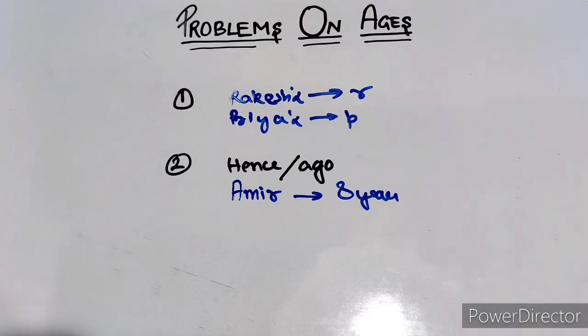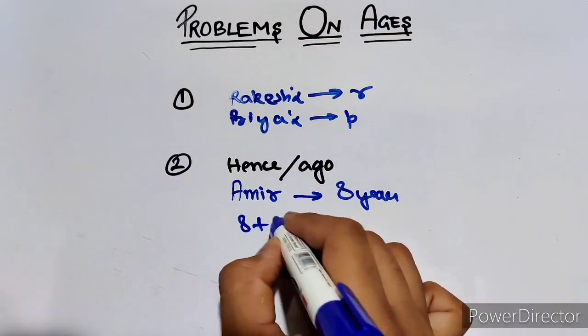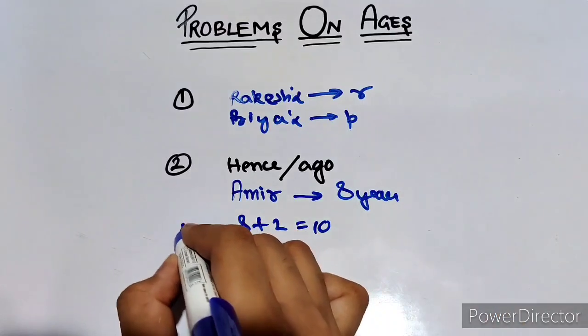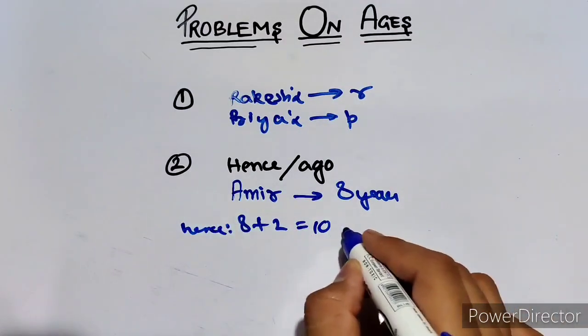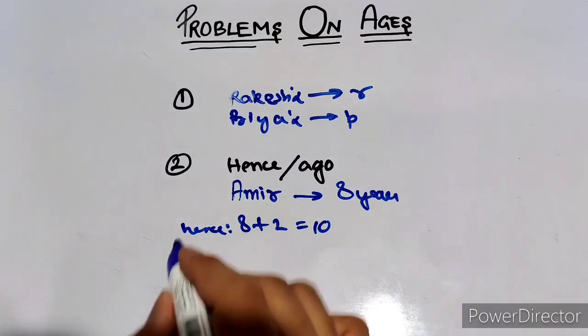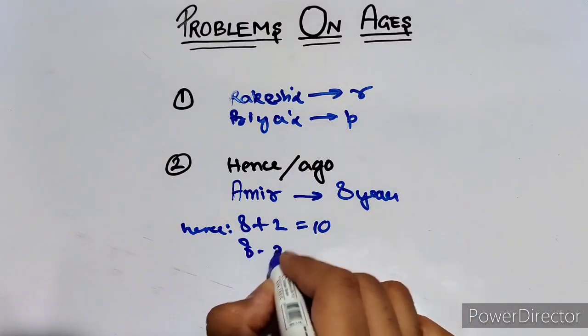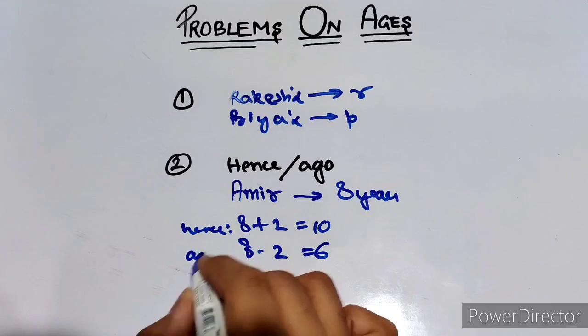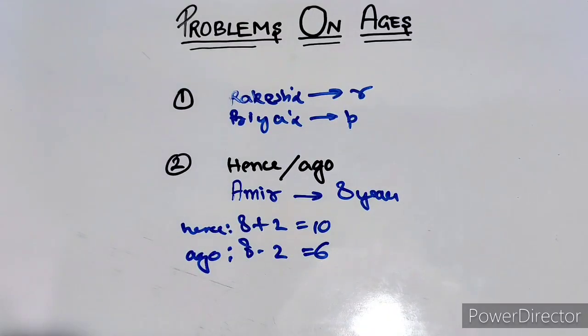It is a fancy term for after. So 8 plus 2, it will be 10 years if it is asked hence. And if it is asked that what was his age 2 years ago, then it will be 6 years obviously. Okay, for ago.